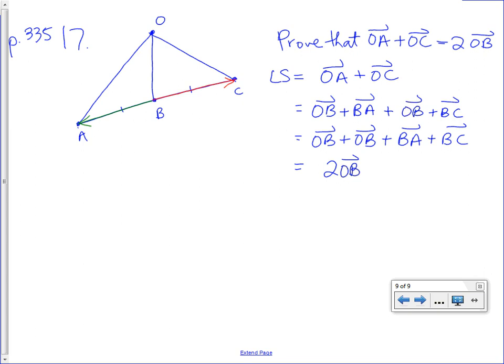So you can even say something like, maybe I'll just write this for the moment, do a little justification for yourself, since BC is equal to what vector in the picture? Is there an equivalent vector? I can move the BC somewhere else and it's also the same magnitude and direction. AB.